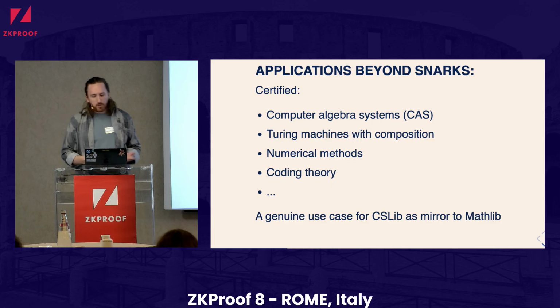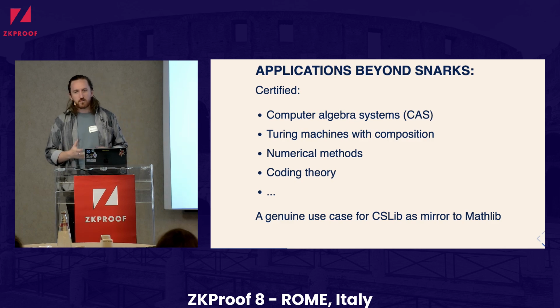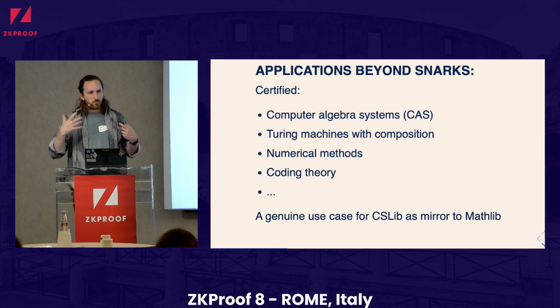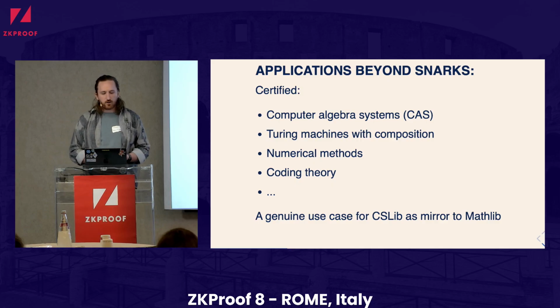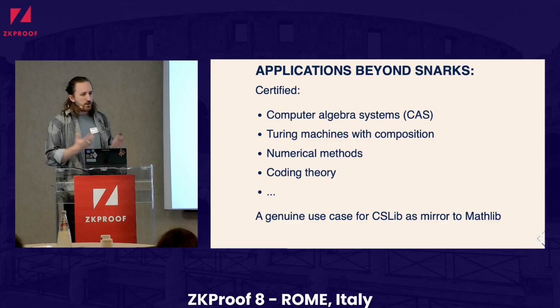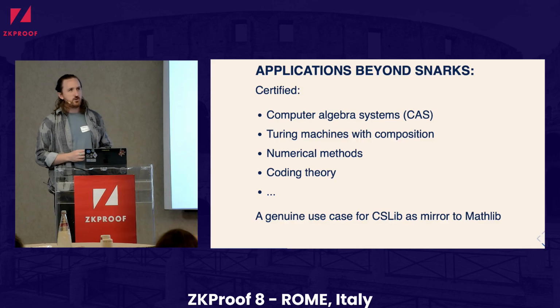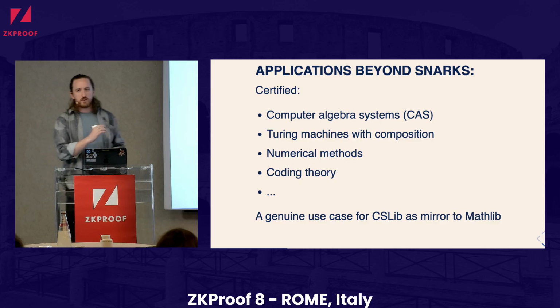And I think CompPoly is interesting because Mathlib already has a robust library of polynomials in Lean. They're, of course, non-computable, which is what we have been using in the past in ArcLib. But I think one genuine use case for CompPoly is to implement well the non-computable definitions in Mathlib and kind of have a mirror.